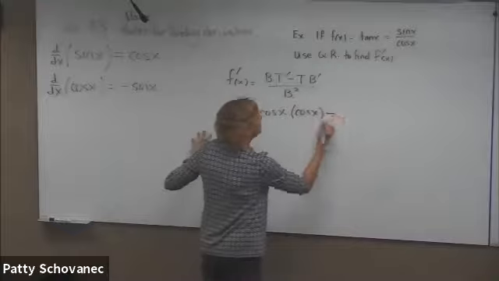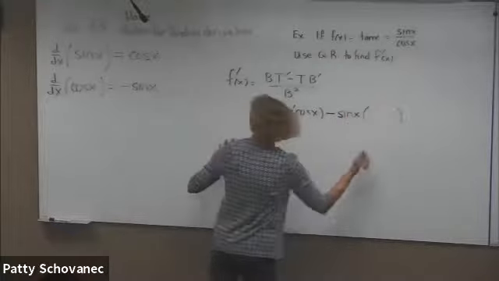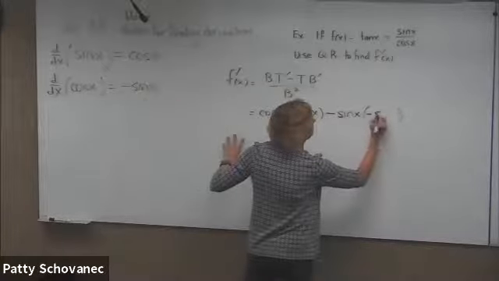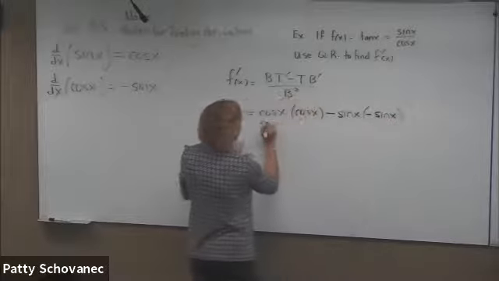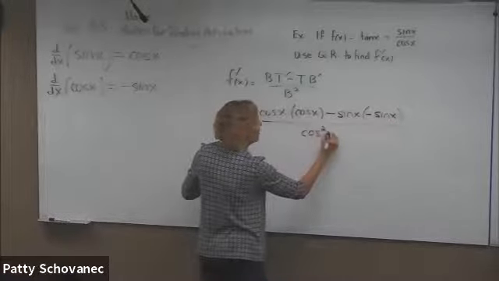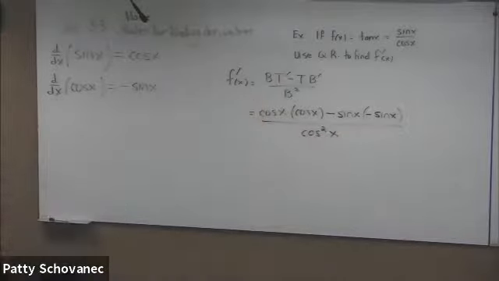Quotient rule has a minus here. The top is the sine of x. Now the derivative of the cosine of x is minus the sine of x. All over the bottom squared. So I'm going to write cosine squared like that instead of cosine of x in parentheses squared.